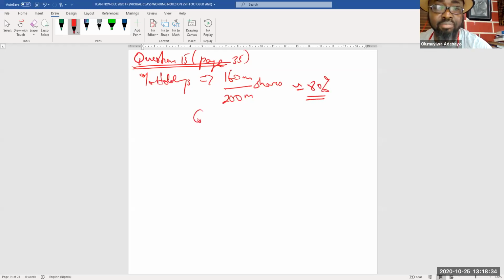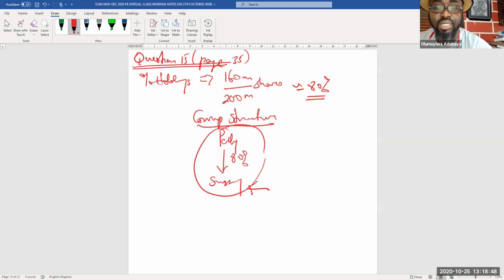Which means my group structure: I have Pali having a stake in Suzy of 80%, and I have my NCI, which is 20%.